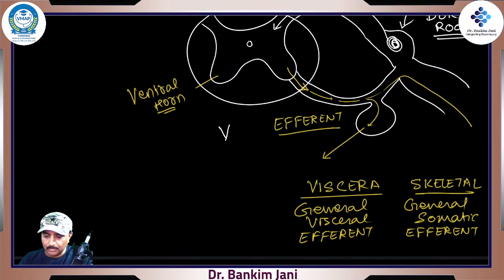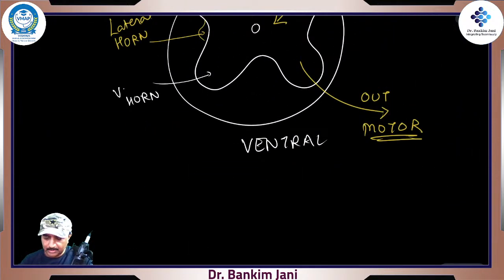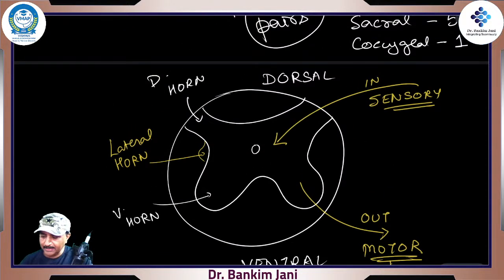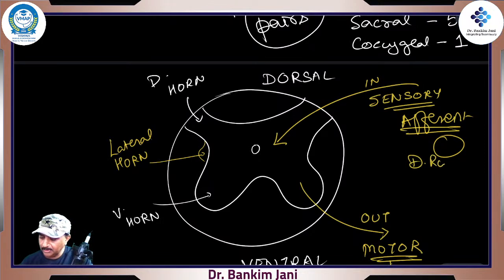The ventral horn is what we saw over here, it is motor. So this motor part would always be efferent, and this sensory part would always be afferent. And this afferent goes via the dorsal root ganglion.